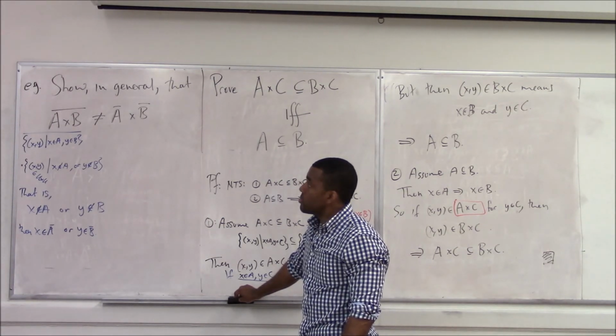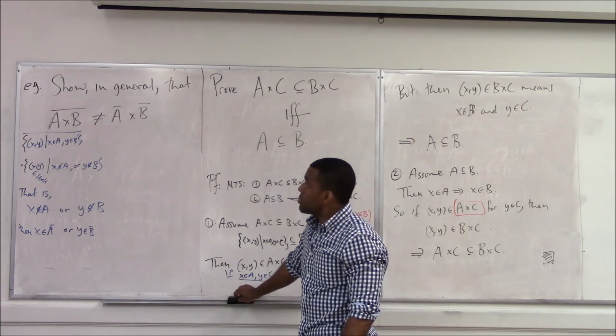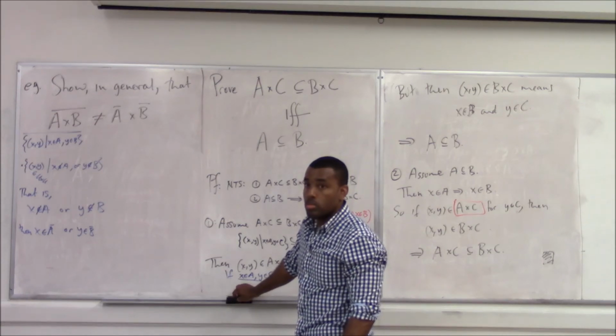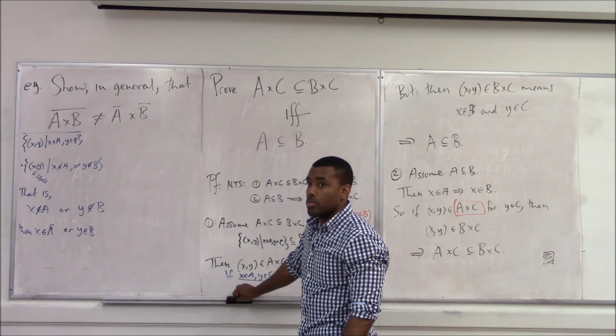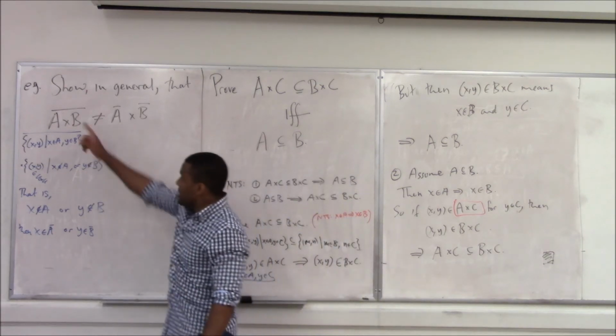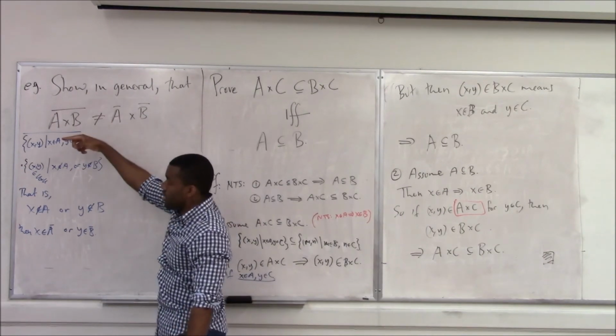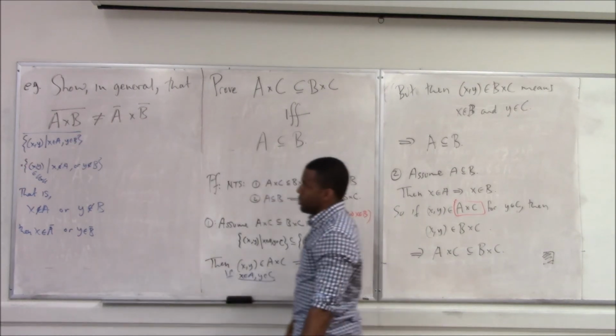So pretty much what you want to show is that either this is not a subset of that or this is not a subset of that. That's what you want to show. So how do you go about doing it?